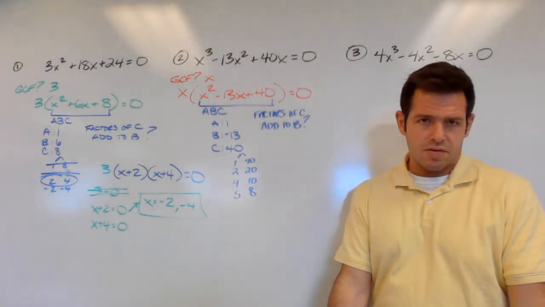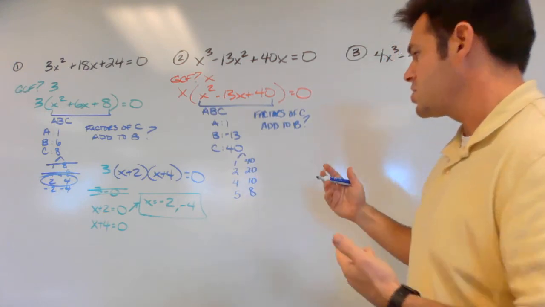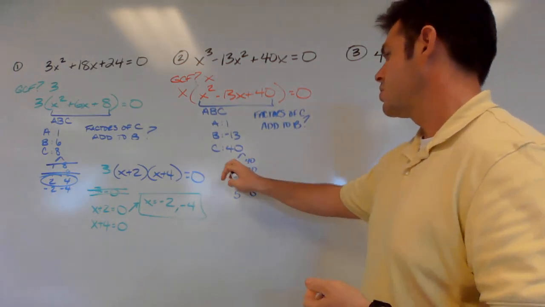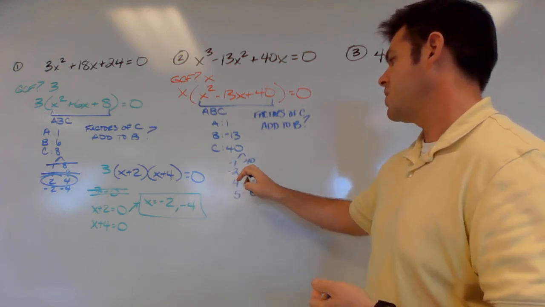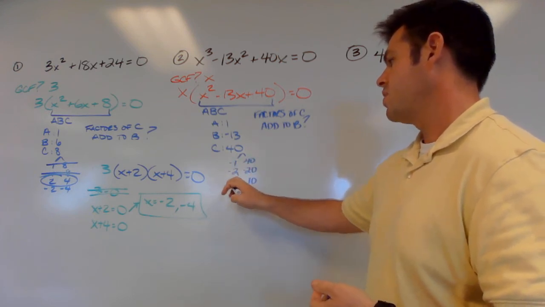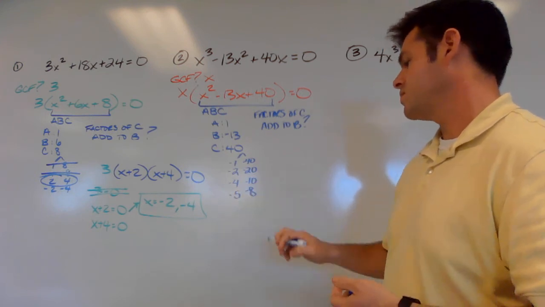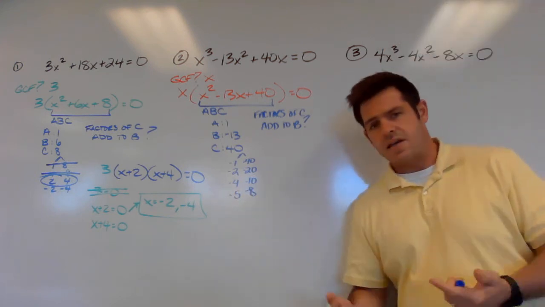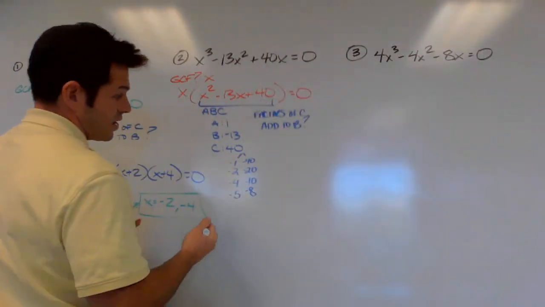They're all positive numbers, so we have to understand that we could also multiply by -1 and -40. -2 and -20 would give me +40. -4 and -10, -5 and -8. So again, going through that process there, -1 plus -40 is -41.